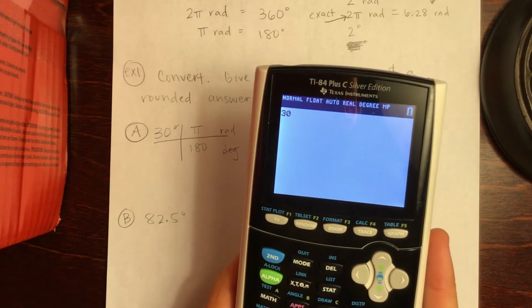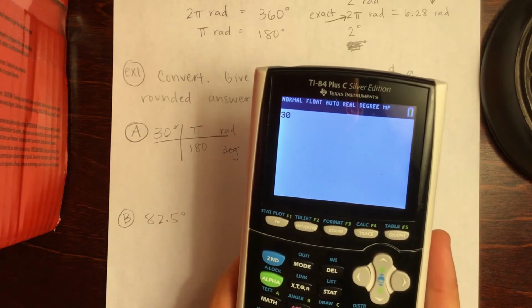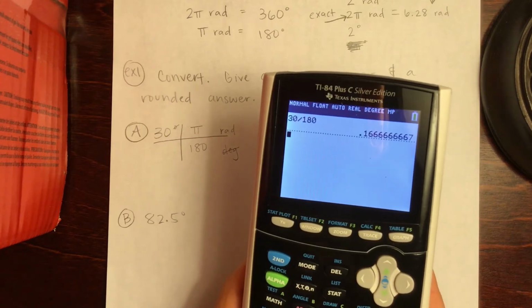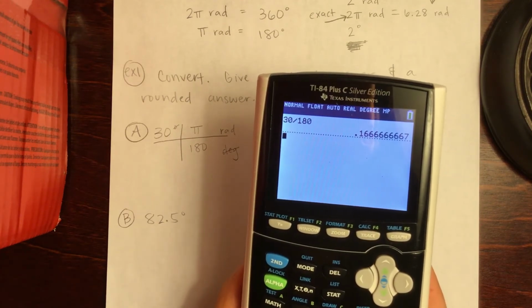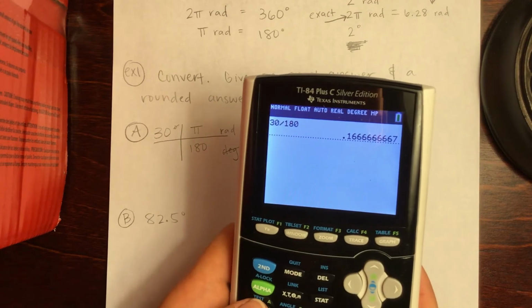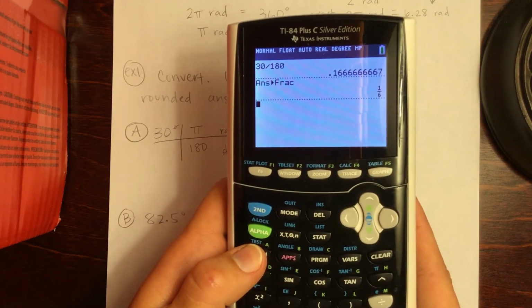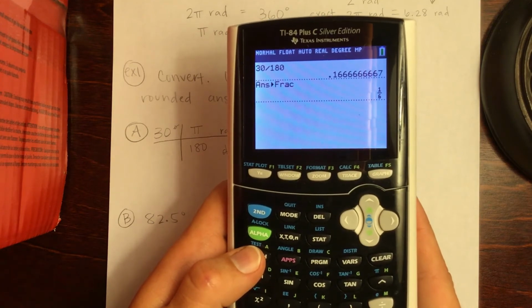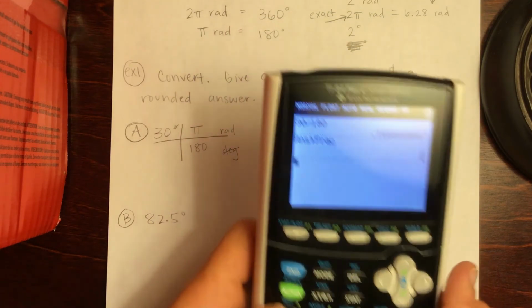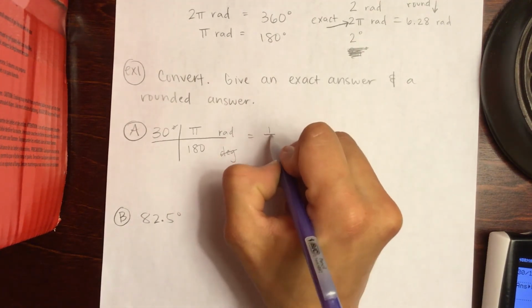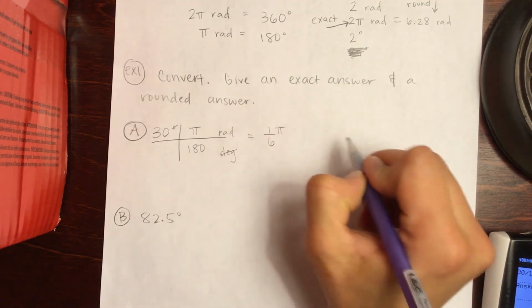So 30, there's no other number on top. The pi is a symbol. So I'm going to divide by 180. All right, well, that gives me the decimal 0.16666. Math, enter, converts that to a fraction for you. So that is 1/6. So the exact answer here is 1/6 pi, or pi over 6.